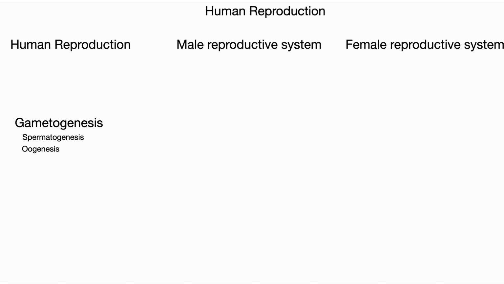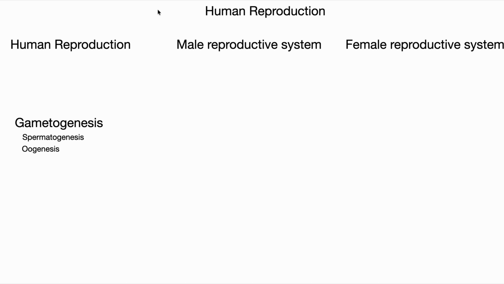Now these male sex accessory ducts and glands, their function is maintained by testicular hormones, that is androgens. Androgens are secreted from the Leydig cells. So they are not only responsible for spermatogenesis, they are also responsible for functions of accessory ducts and glands.